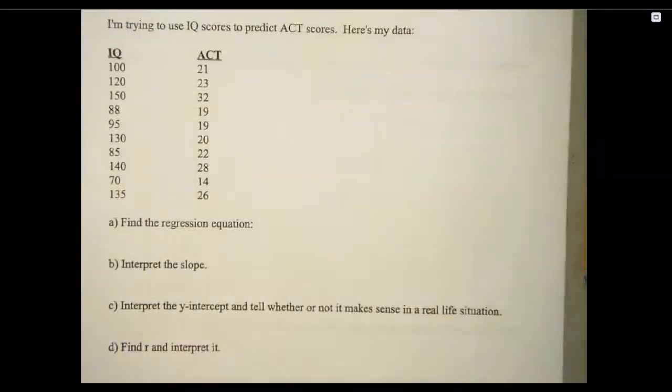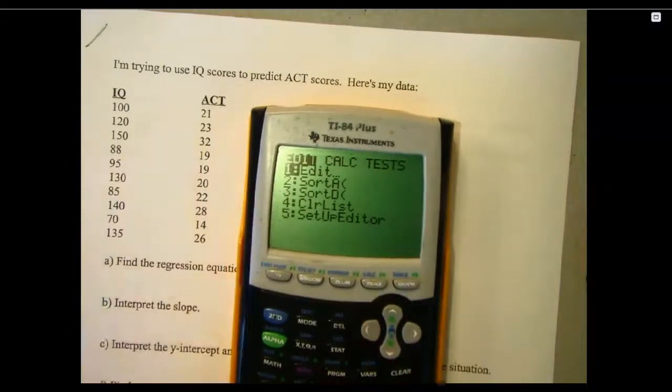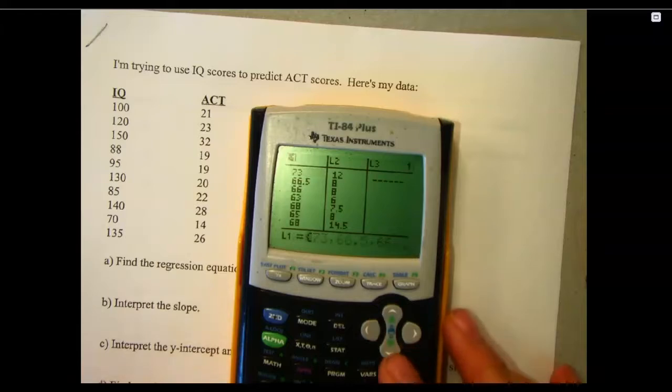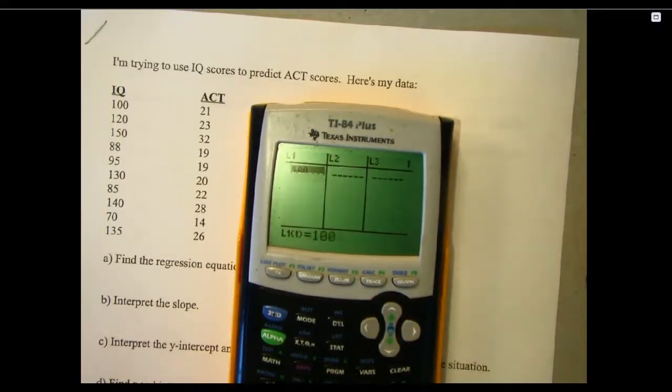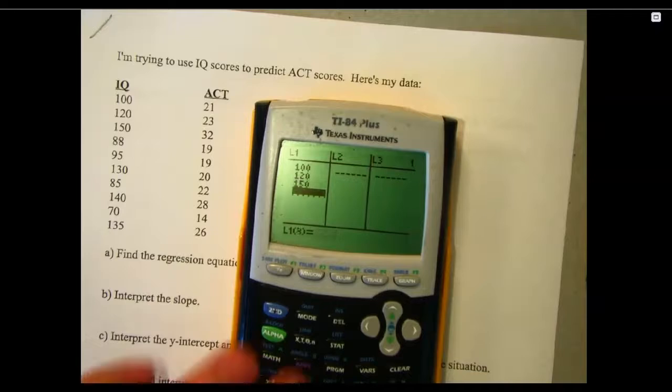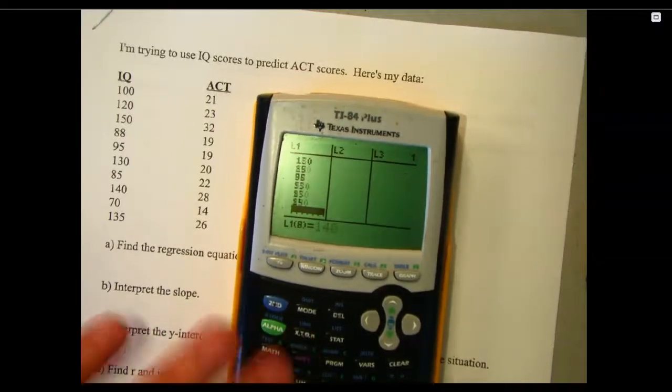So I'm just going to run through it real quick. Partially because I haven't done it, but then you can go watch. So edit. We're going to go up to the top, hit clear, enter. Type in the data.